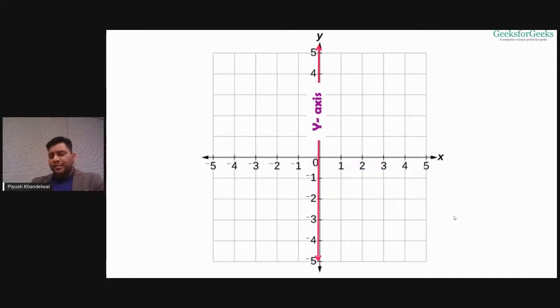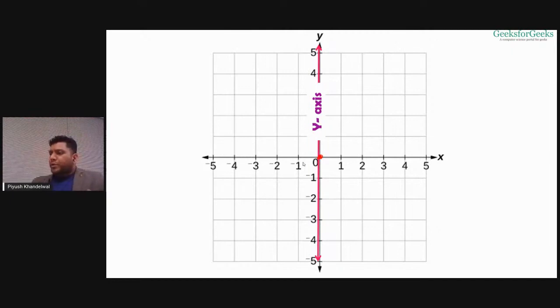You can visualize this as your floor divided into four parts using two lines, and these two lines pass through the center. They meet at a certain point, which is called the origin. This will be the center of the floor of the room, right?